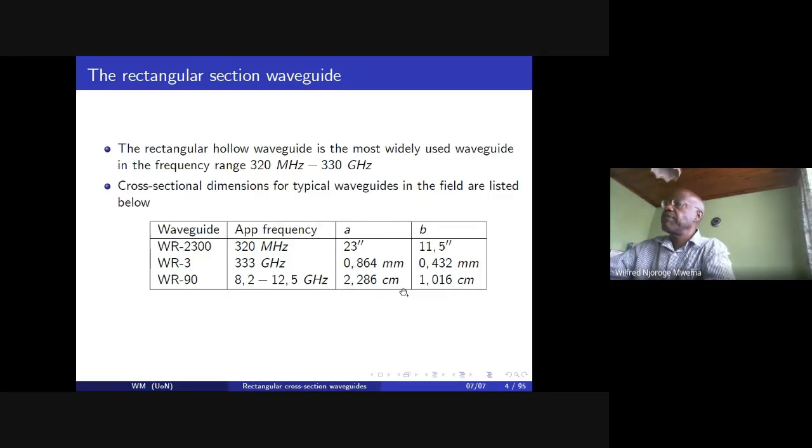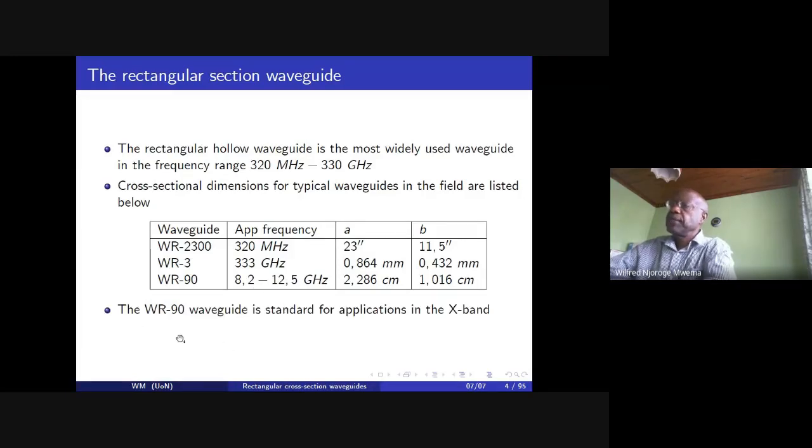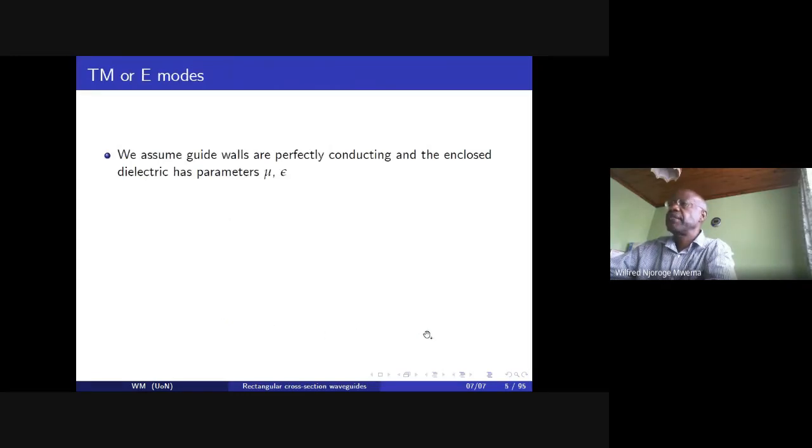Therefore, it will be outside this bandwidth, and the guide will only propagate one mode. So, the WR90 waveguide is a standard for applications in the X band.